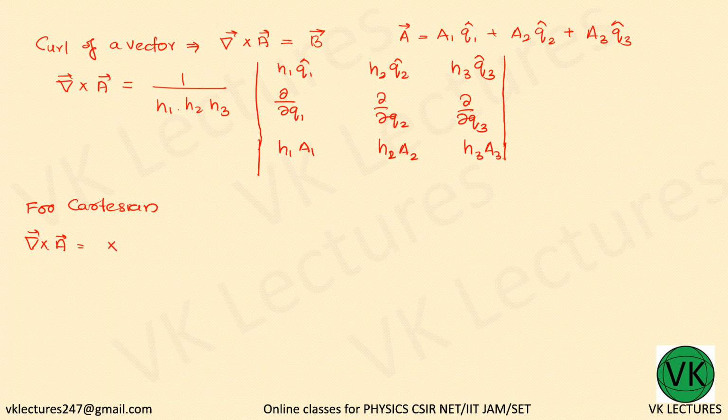So this is x cap, y cap, z cap, dou by dou x, dou by dou y, dou by dou z, into Ax, the x component of A, y component of A, z component of A.